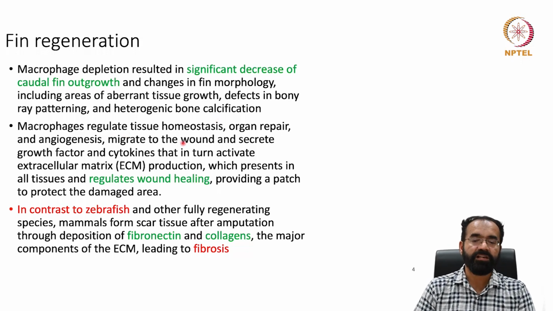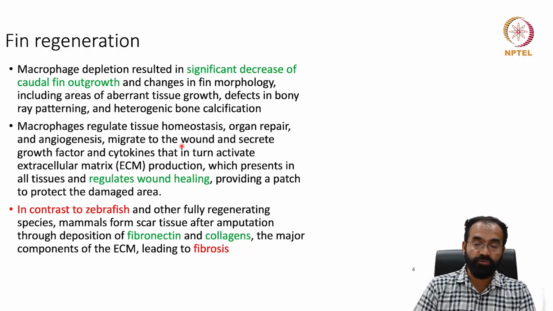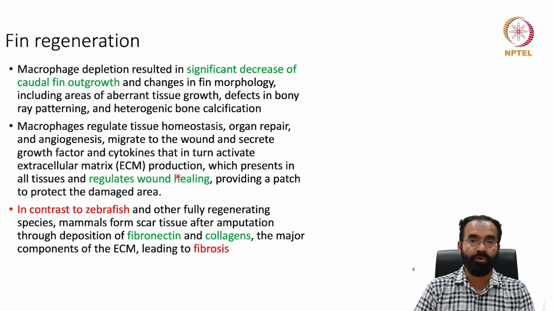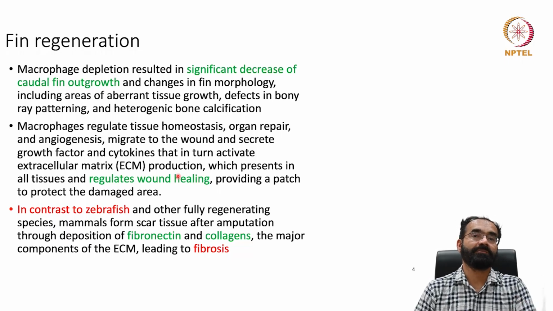So the macrophages regulate tissue homeostasis, organ repair, and angiogenesis, and migrate to the wound and secrete growth factors and cytokines, mainly pro-inflammatory cytokines, that in turn activate the ECM, extracellular matrix production. ECM is a must component so that these newly formed blastema cells can migrate.